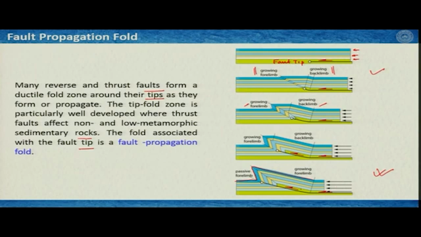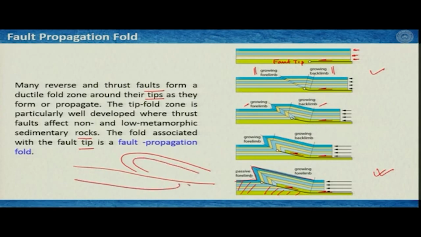Here we see things happening only on the hanging wall, while the footwall is virtually undeformed. You can also have a thrust like this, where you have something like that on this side and something like this on the other side. So you can have fault propagation fold on the hanging wall side and also on the footwall side.